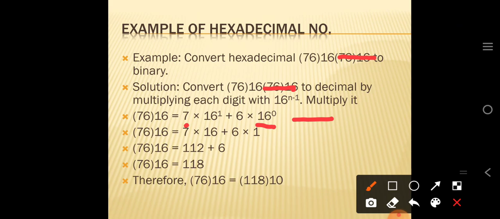So 7 into 16 raised to the power 1 plus 6 into 16 raised to the power 0, which is 7 into 16 plus 6 into 1. 16 into 7 is 112 and 6 into 1 is 6. So 112 plus 6 is 118.